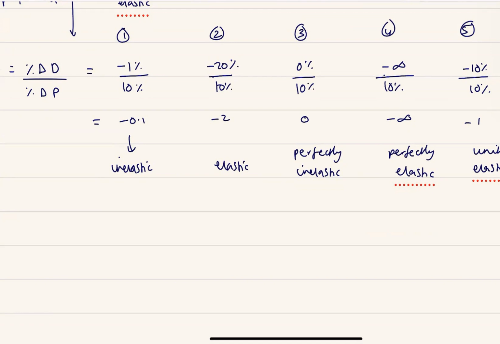And you'll be able to figure it out just by practicing and revisiting it over time. So basically, whenever it's 0 point something, it's inelastic. And whenever it's a bigger number, doesn't matter about negative or positive, then it's elastic. So 0 point something, inelastic, and then the other ones are elastic.